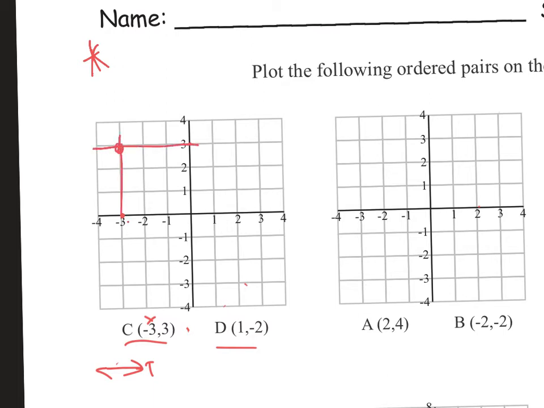Right there. So I'm gonna erase that. And then that's C. And then D is 1, -2. So I'm gonna go over 1 and then down 2. And there we go. I'm gonna erase my little line.